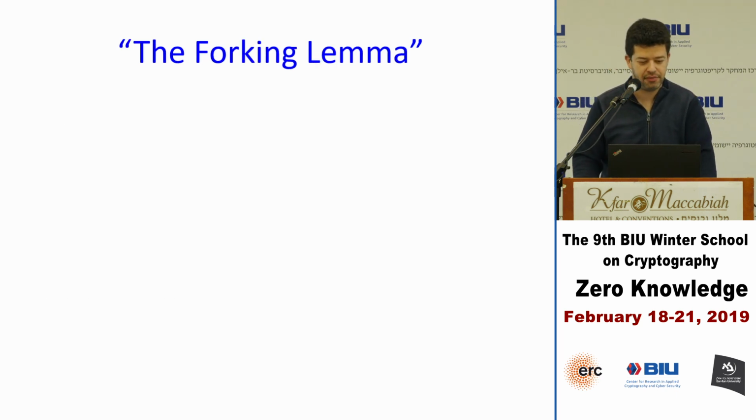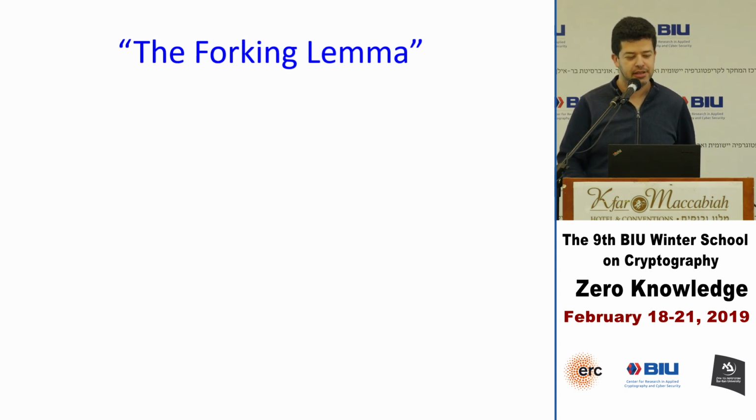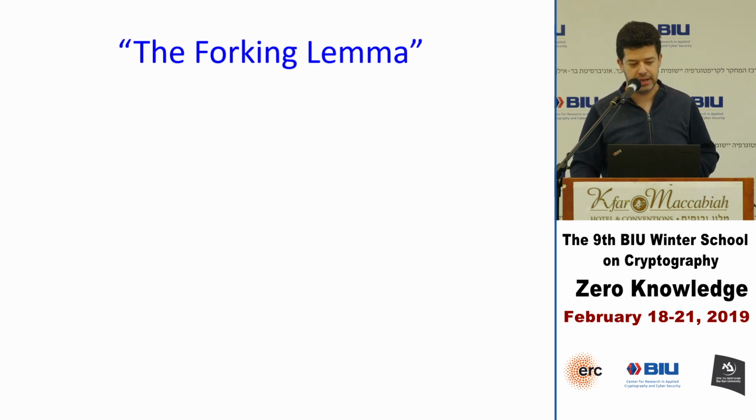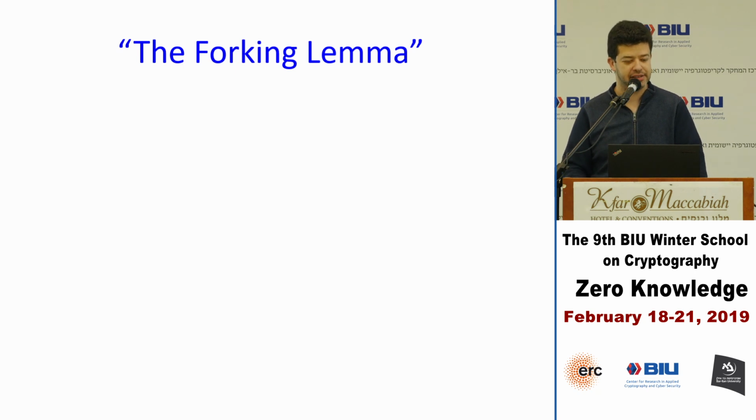Okay, so going to the heart of the matter, it's something called the Forking Lemma. The motivation for the name comes from the original paper of Pointcheval and Stern, which focuses on signatures, or applications of this idea to something called Sigma protocols, which Benny will talk about later today. But let's not focus on the name, but rather on the essence.